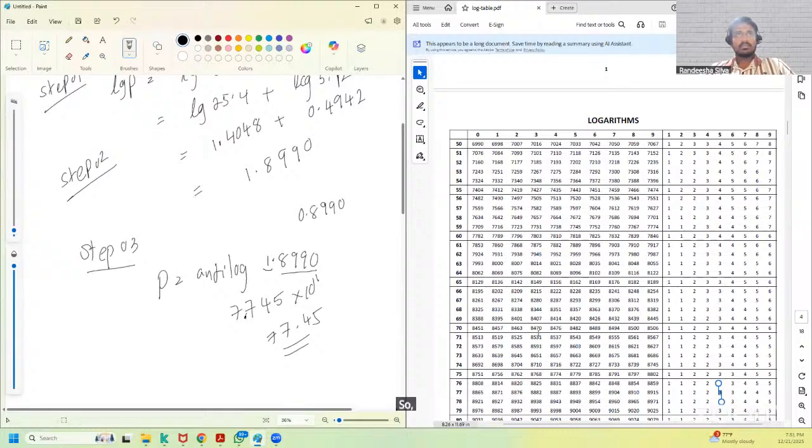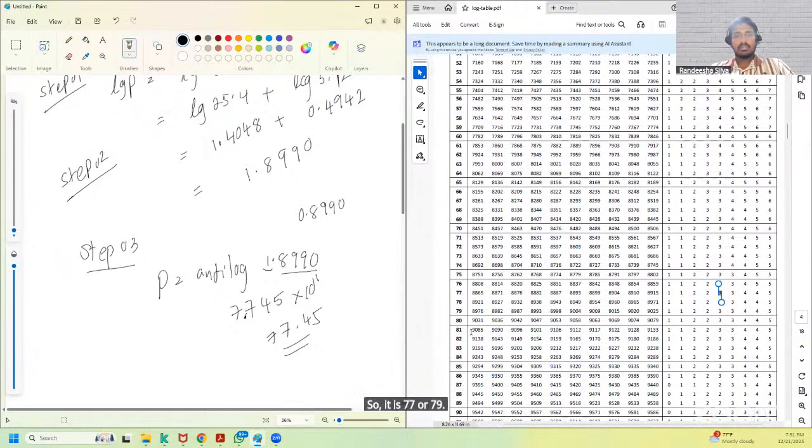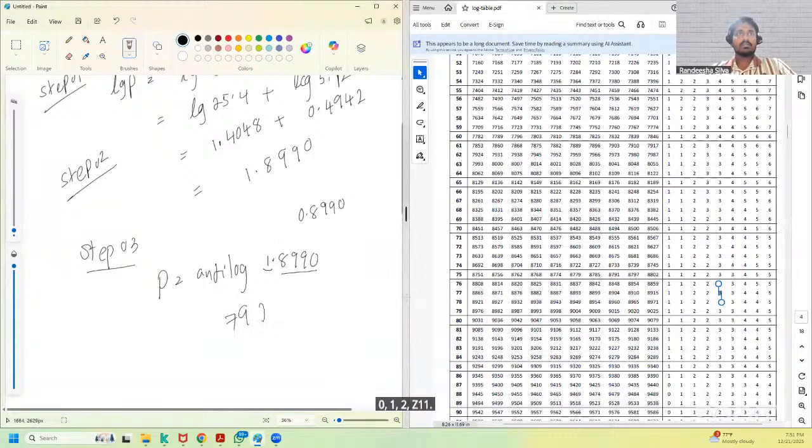Sorry, it is 77 or 79. 8990, right? Not 88, 89. I got it wrong, sorry guys. So it will be going with this. 89 means in here, 89, 90. 8990 means 89, 87 is 79, 0, 1, 2, the second one. 79, second one.